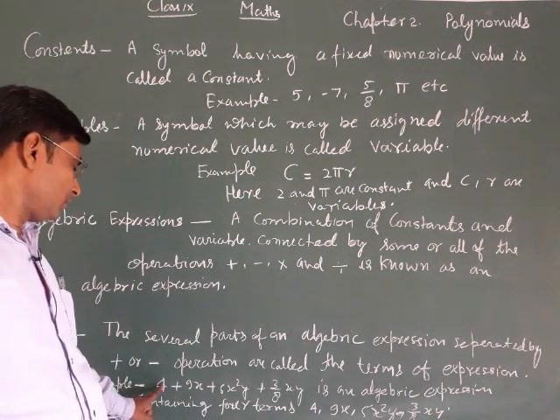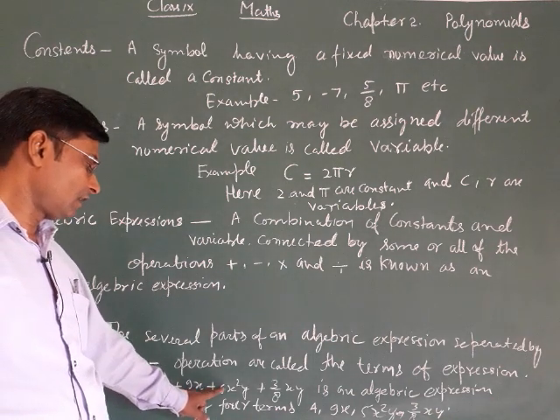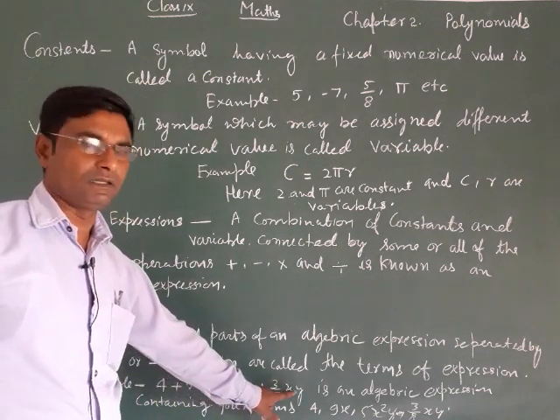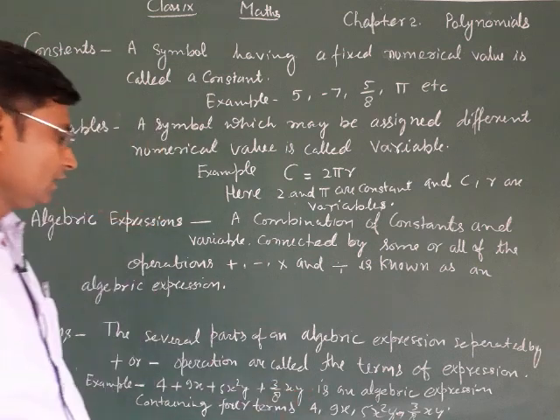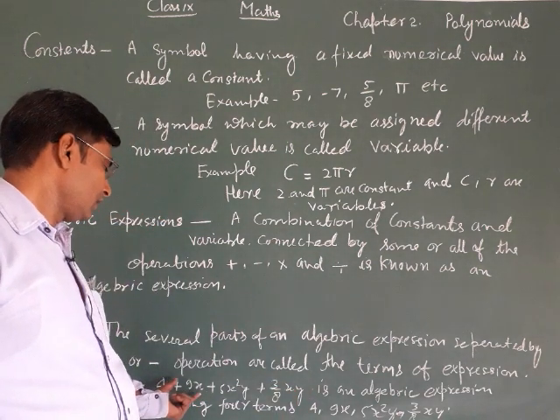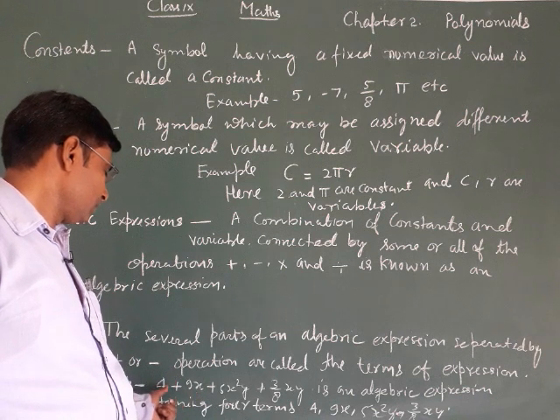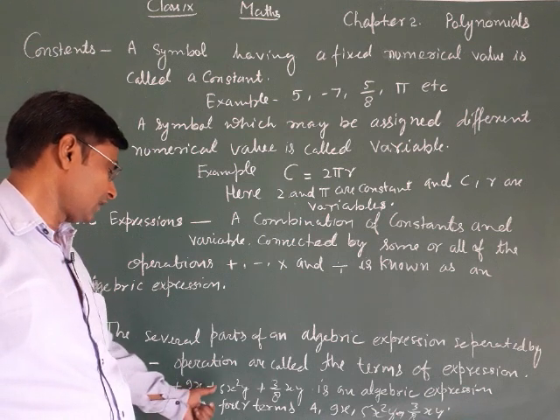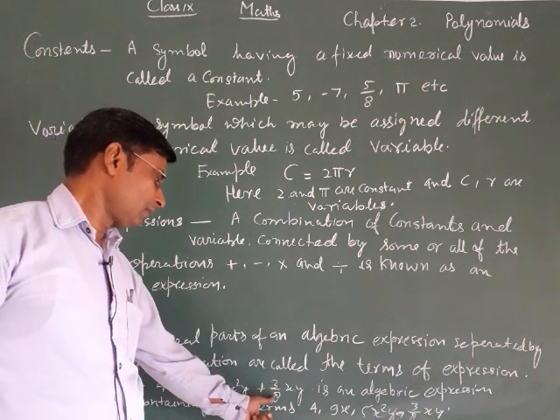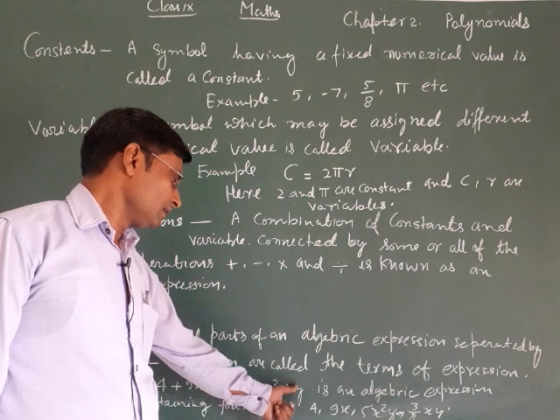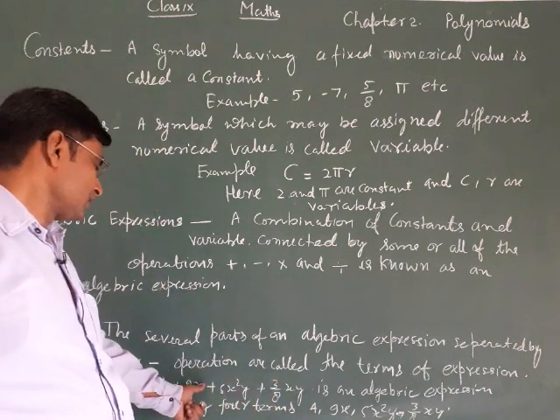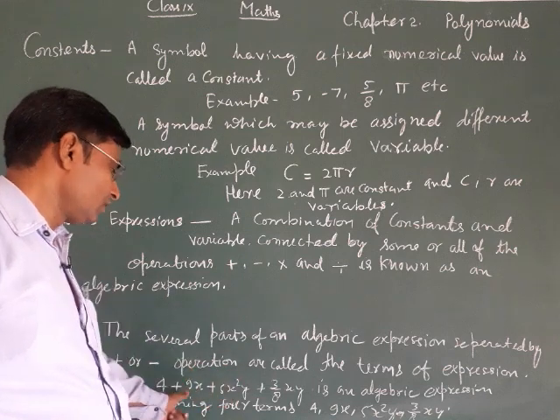Example, 4 plus 9x plus 5x square y plus 3 upon 8 xy is an algebraic expression. These terms of the algebraic expression, 4, 9x, 5x square y and 3 upon 8 xy, are the terms of the algebraic expression. There are 4 terms.